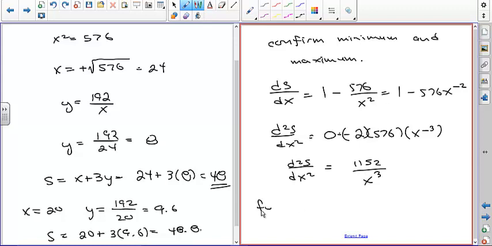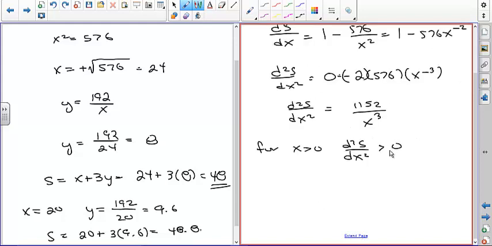And for x greater than 0, d squared s over dx squared is going to be greater than 0 because I have a positive number divided by a positive number, which gives me a positive number. So because the second derivative is positive, that means it's going to be concave up.